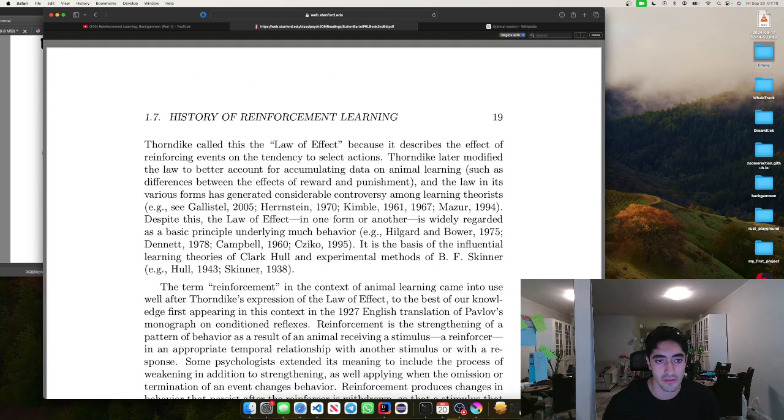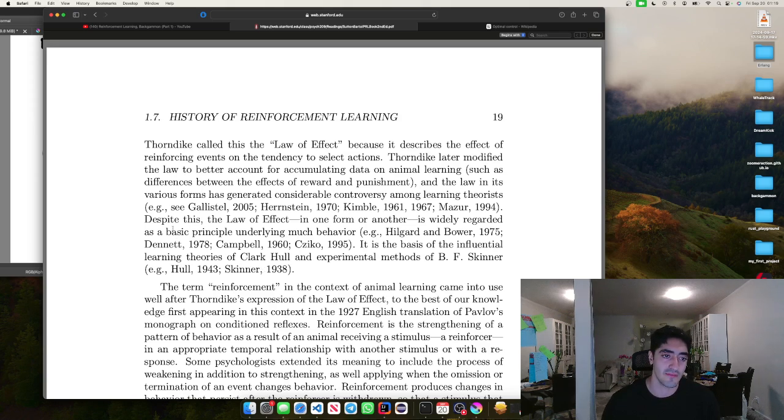Thorndike called this the law of effect because it describes the effect of reinforcement events on the tendency to select actions. Thorndike later modified the law to better account for accumulating data on animal learning, such as differences between the effects of reward and punishment.